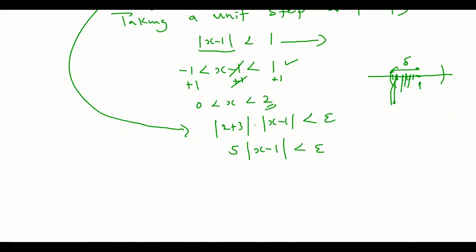So if you take x minus 1 to be this, and you take a step towards this, this particular x minus 1 will be less than that particular step you take towards it.